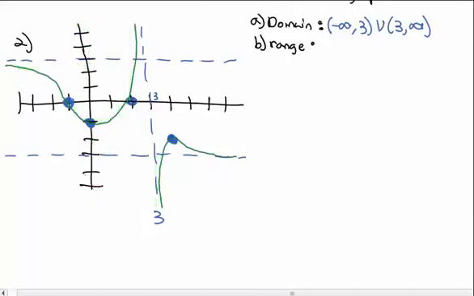We need to reflect that when we describe the range. So the range starting from the bottom goes from negative infinity up to that high point on the right at negative 2. And then union, we have to jump that gap. The y values start again at negative 1 and go up to infinity.